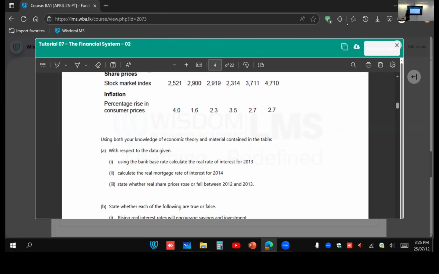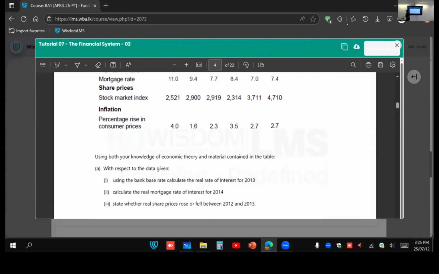Secondly, calculate the real mortgage rate of interest. Thirdly, state whether real share prices rose or fell between 2012 and 13. Give a small try till I explain. You can refer back to the tutorial and understand the formula between real interest rate, nominal interest rate, and the money interest rate.